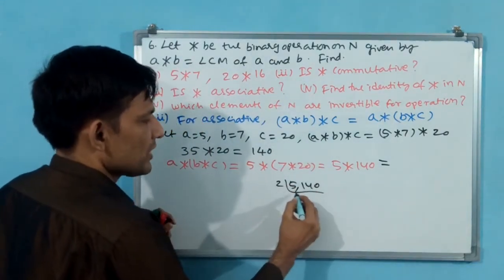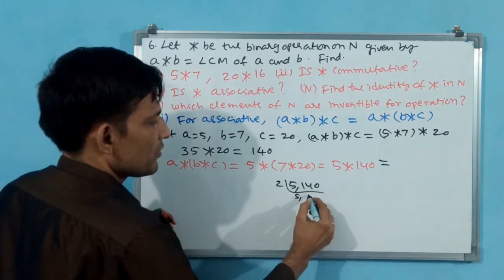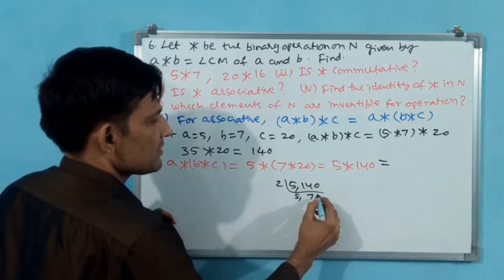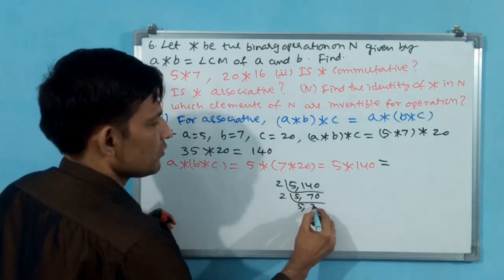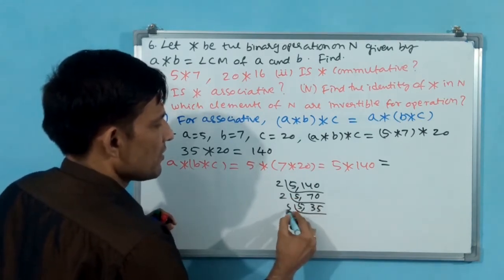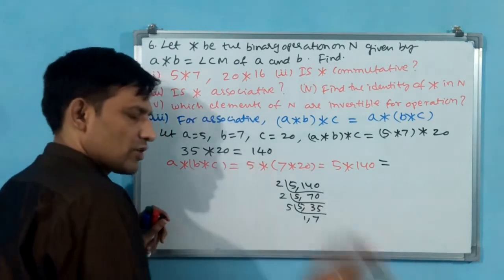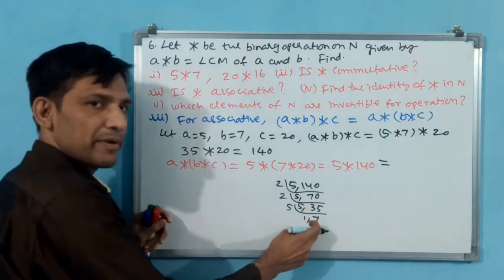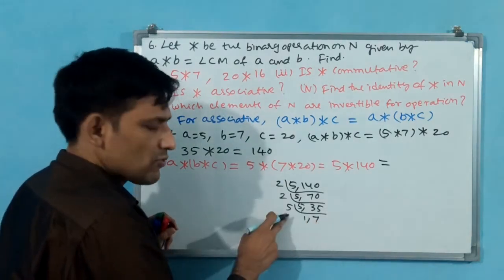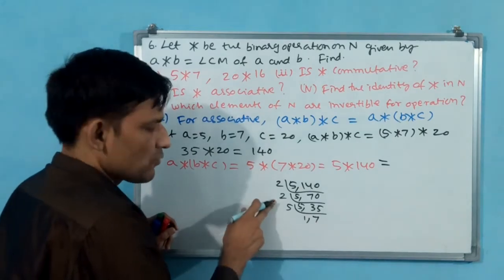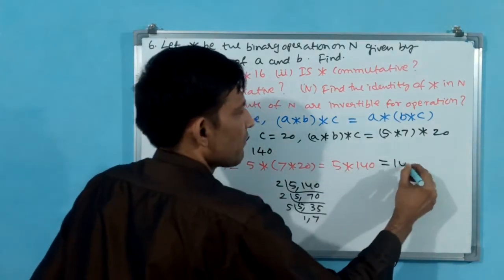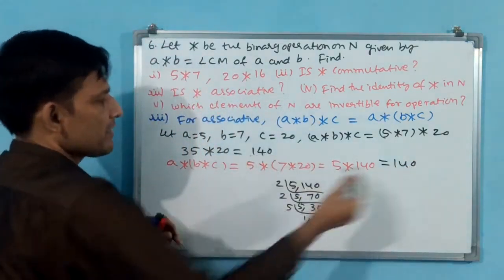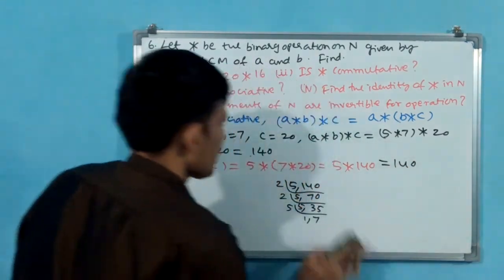Minimum number 2, shall I take? 5. 2 sevens are 70, 2 fives like this only, 2 35. So now 5 ones, 5 sevens. Now stop, because this is a prime number. 7 fives are 35, 35 twos are 70, 70 twos are 140. That means the same number has come, 140. Now you see, 140, 140 both are same.